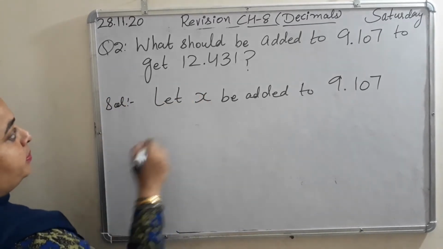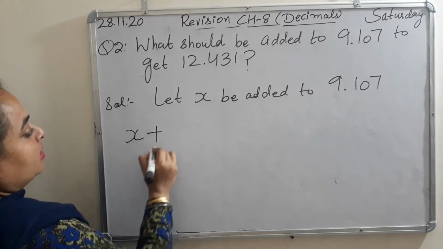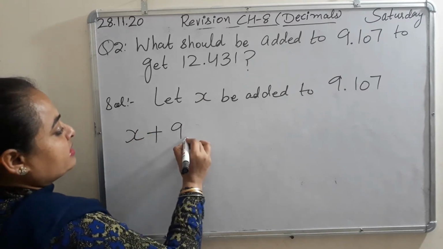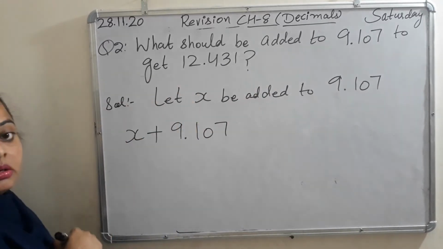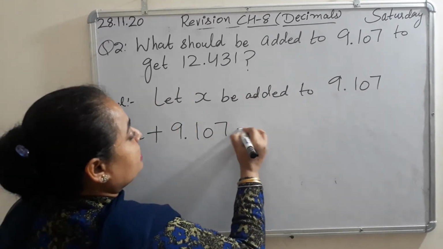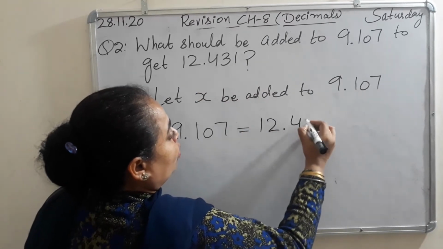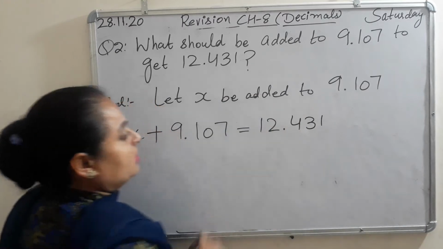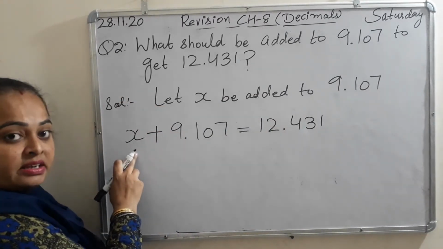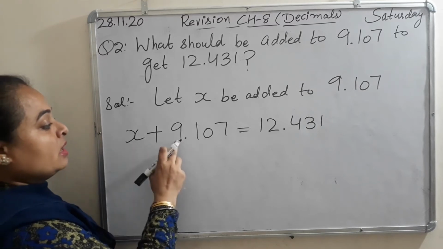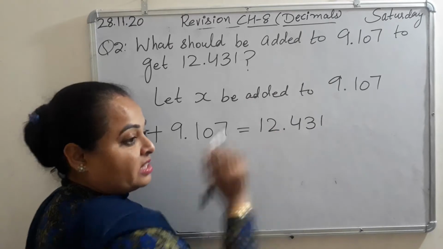In the next step, we will write like this: x plus 9.107 to get, means result is equal to 12.431. Now to find the value of this x, we will shift 9.107 to the right hand side.